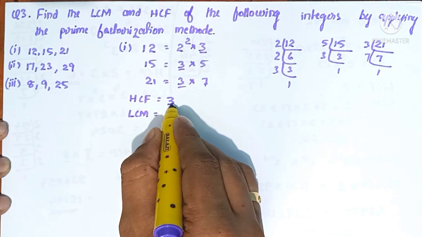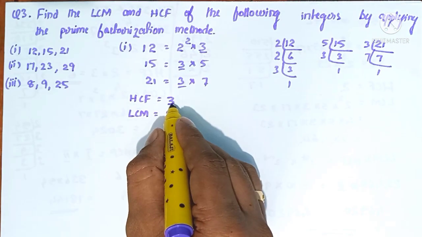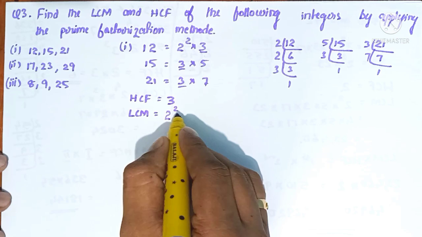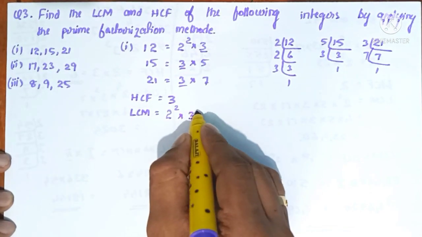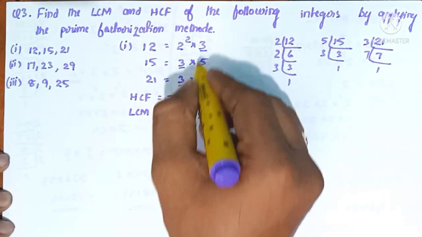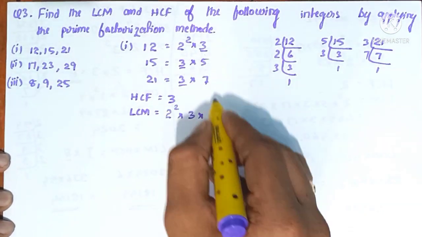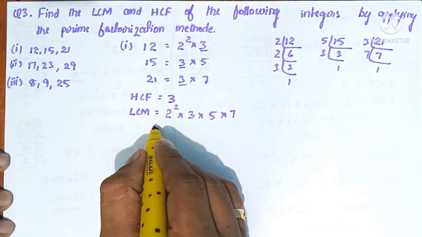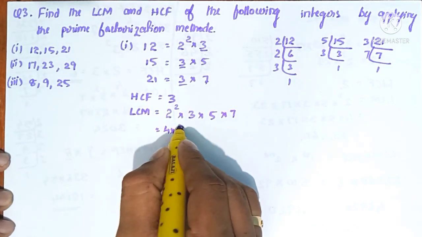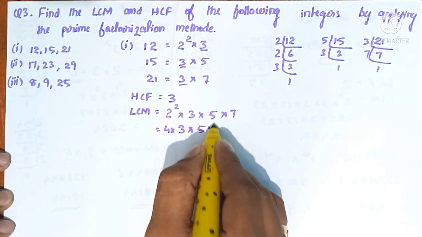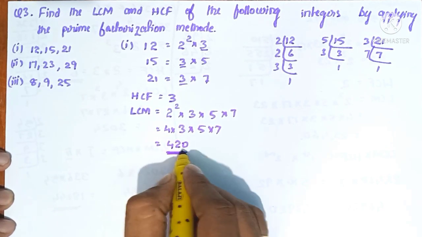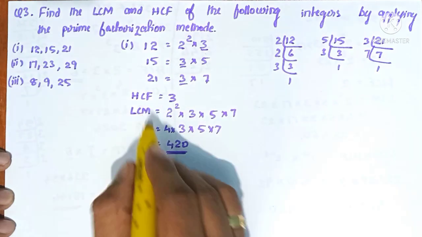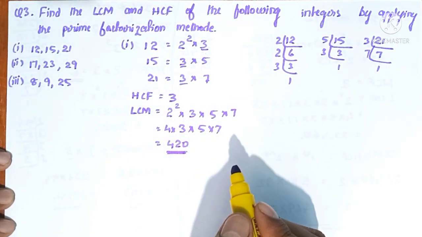So the highest power of 2 is 2 square, into highest power of 3 in all these is 3. Highest power of 5 in all these values is 5 itself. And same for 7, into 7. Equal to 4 into 3 into 5 into 7. And we will get 420. So this is the HCF and LCM of these numbers.